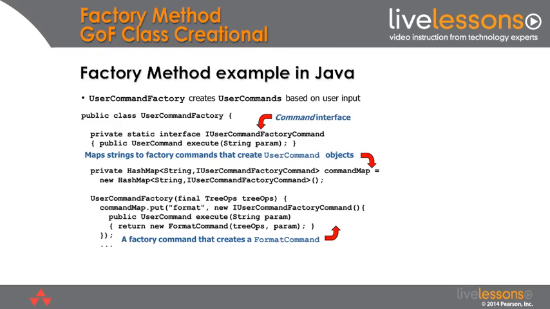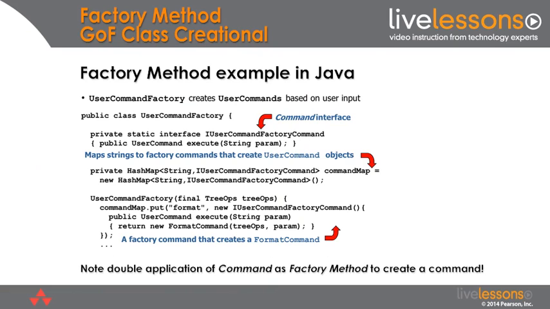So essentially, this is a factory command that creates a format command. It's kind of an interesting example of a double application of command, using the command pattern as part of the factory method implementation to itself create a command. And we'll look at some other examples that aren't quite so recursive when we get into the implementation part in more detail.